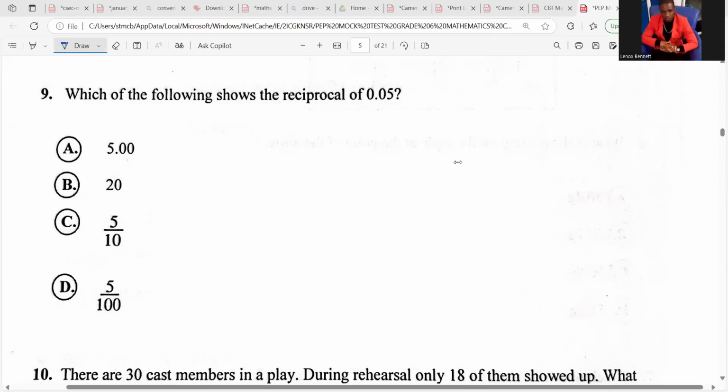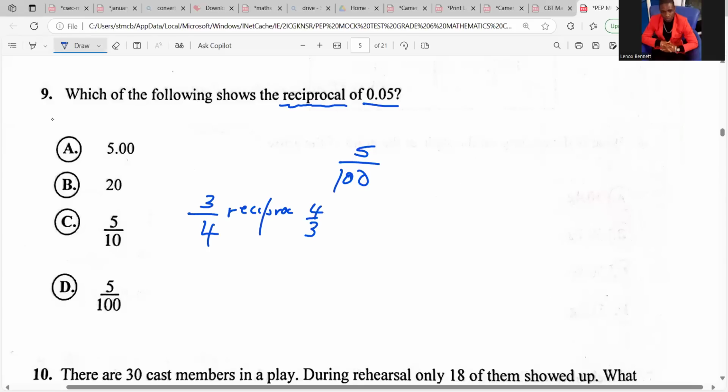But I think you guys have the idea. Where we went wrong is that we forget the word reciprocal. Some persons only found 5/100, which is 0.05. But remember what they want: the reciprocal. In a fraction like 3/4, the reciprocal is 4/3.